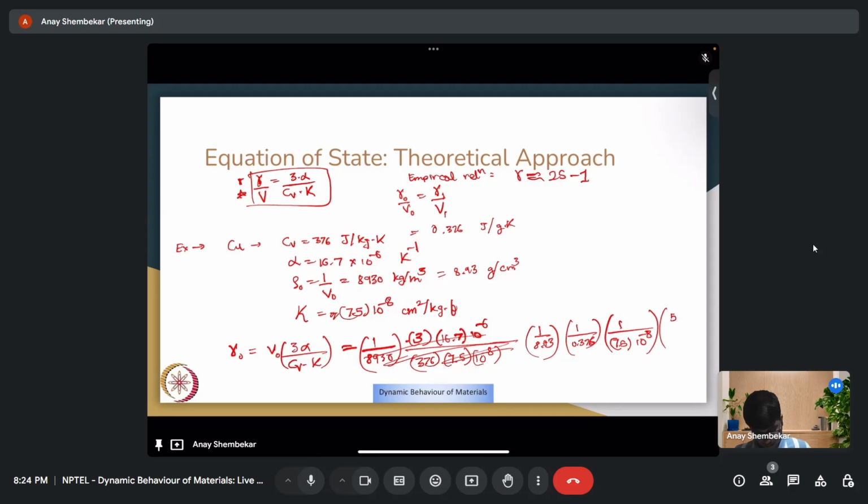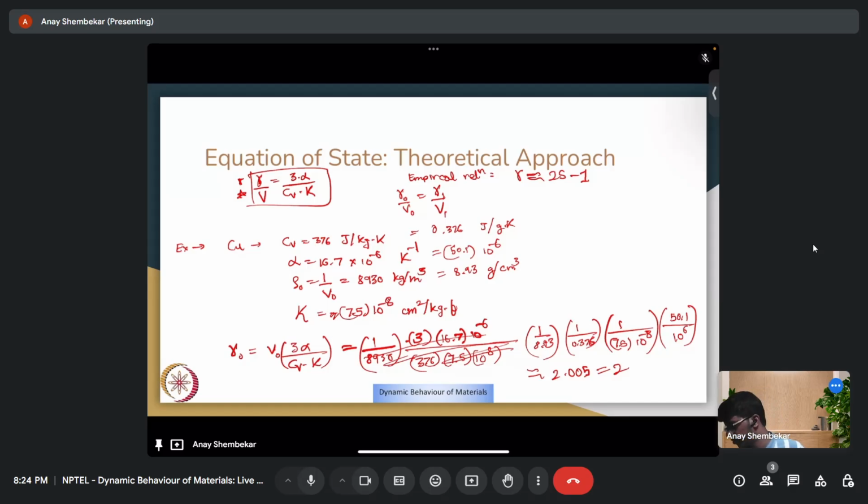So 3 alpha is 50.1 times 10 raised to minus 6 Kelvin inverse. So this ends up to be around 2.005. Yeah, almost 2.